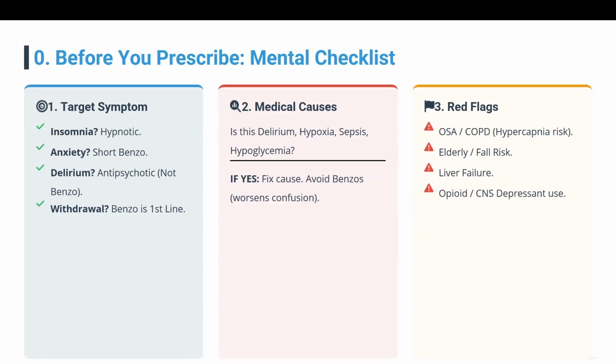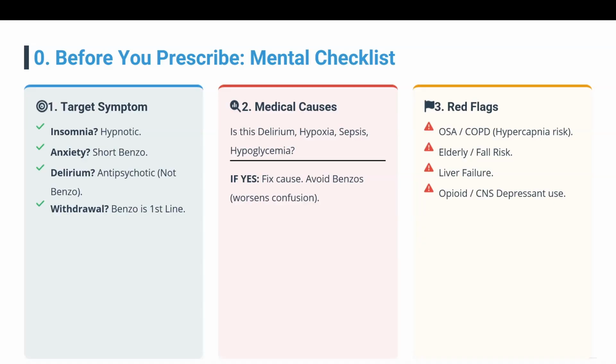If the patient has delirium or agitation with psychosis, usually in ICU or on shifting from ICU to ward, and in alcohol withdrawal patients, antipsychotic drugs are usually preferred and not benzodiazepines, except for withdrawal symptoms. For alcohol and benzodiazepine withdrawal, benzodiazepine is the first line, other than antipsychotics. Then, what are the medical causes and how to address them?